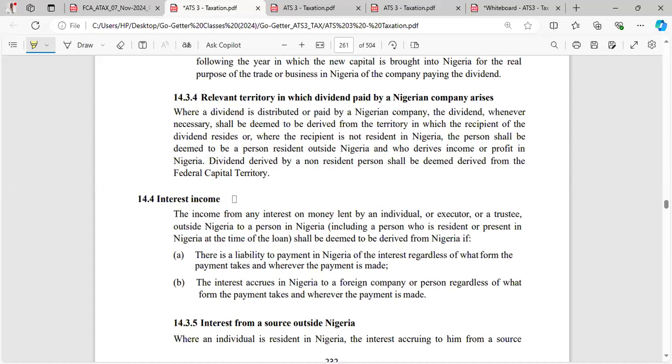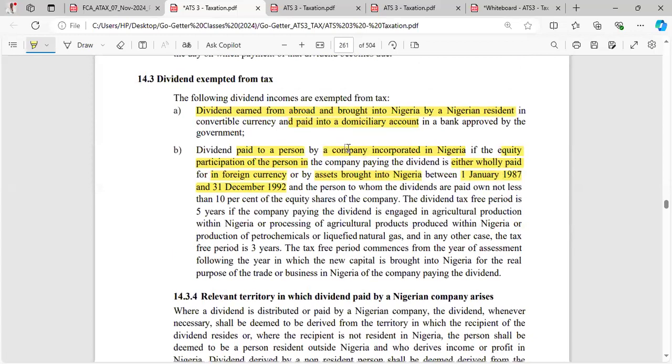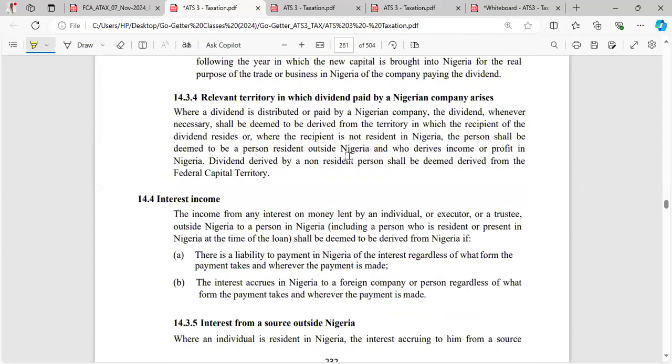Now, what it means here is that if you are a resident individual, as we've talked about before, and your dividend is brought from abroad, it is not taxable. But now, let's say you are not in Nigeria, but you are earning a dividend from Nigeria.